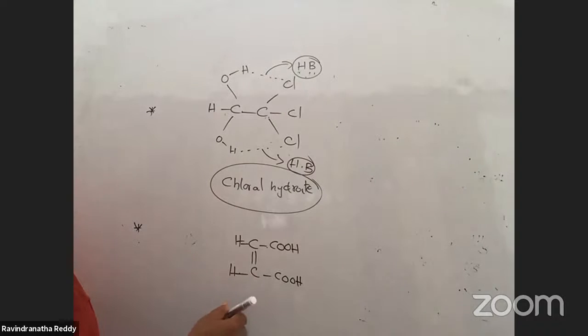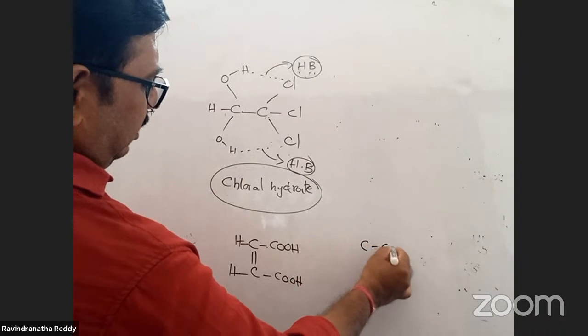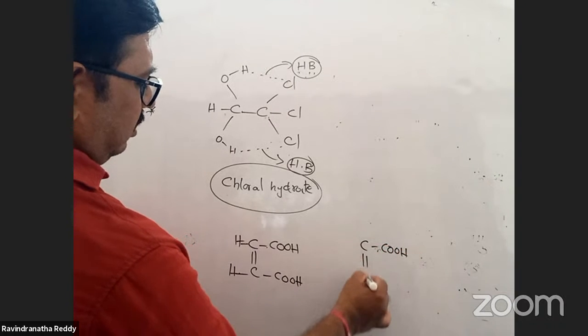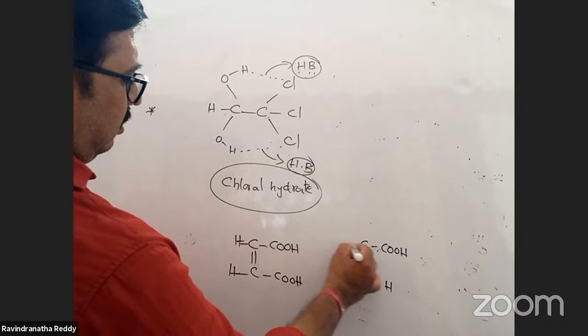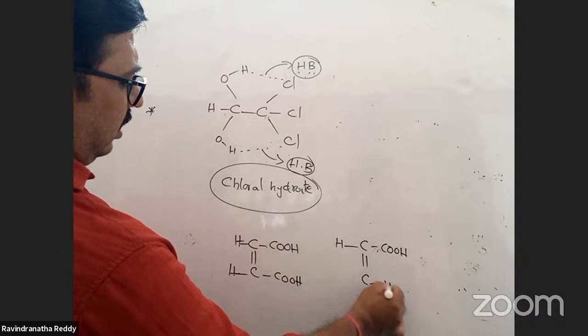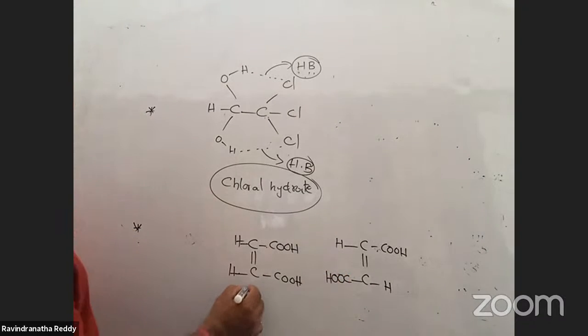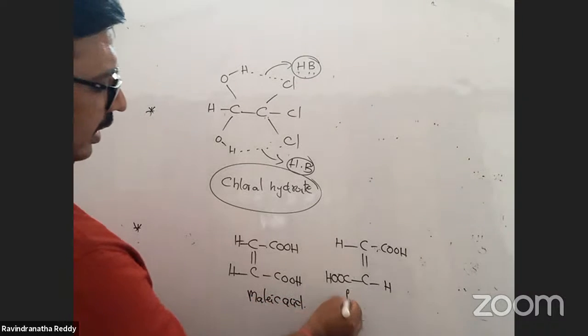Another one is fumaric acid, which is the trans structure. So one is malic acid, the second one is fumaric acid.